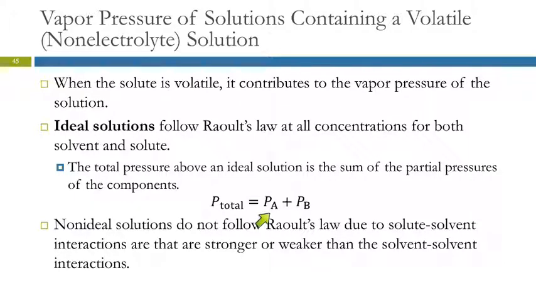So there'll be a vapor pressure from the solvent, there'll be a vapor pressure from the solute, you just add them together and you get the total pressure. Non-ideal solutions don't follow Raoult's law. And this is because of interactions between the solute and solvent particles. If those interactions are stronger or weaker than the interactions between the solvent molecules, then the vapor pressure that you calculate from Raoult's law is going to be off, either higher or lower.